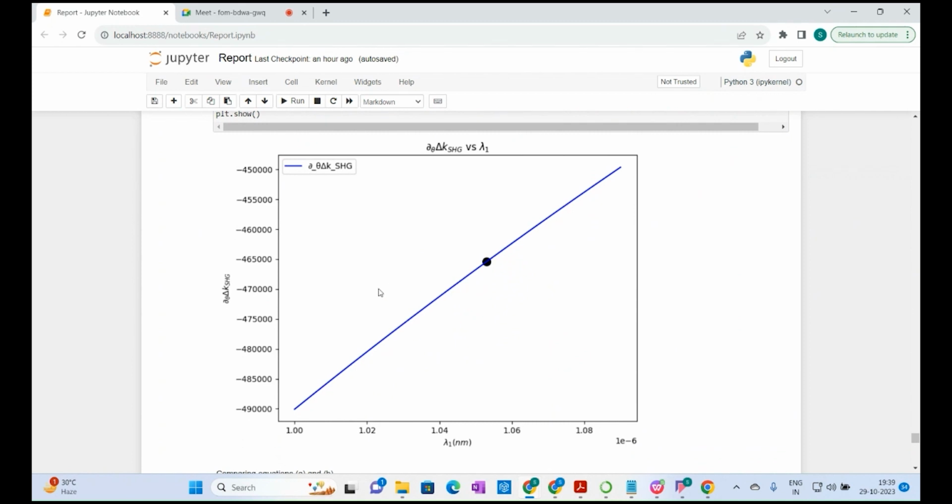These variations are influenced by the ratio between the wavelength used for characterization, which is 1053 nanometer, and the actual SHG wavelength, which is lambda 1. The partial derivatives change by around 10% over a 100 nanometer range centered at 1053 nanometers. This means that characterizing the crystal properties at 1053 nanometer can give us a pretty good idea of how the crystal will perform at other wavelengths in this range.